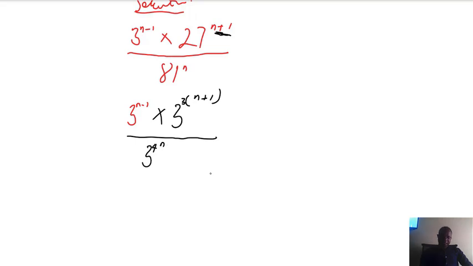Okay, so here we have 3 exponent n minus 1 times 3 exponent, so this 3 will multiply the bracket, whereby we have 3n plus 3, all divided by 3 exponent 4n.